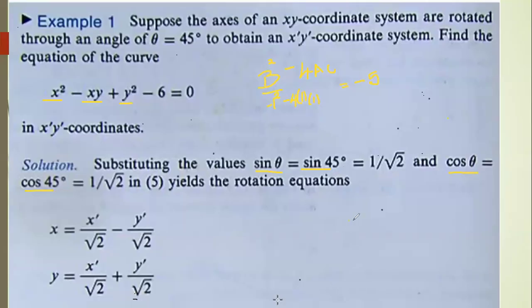And that is x is equal to x prime cos theta minus y prime sine theta.